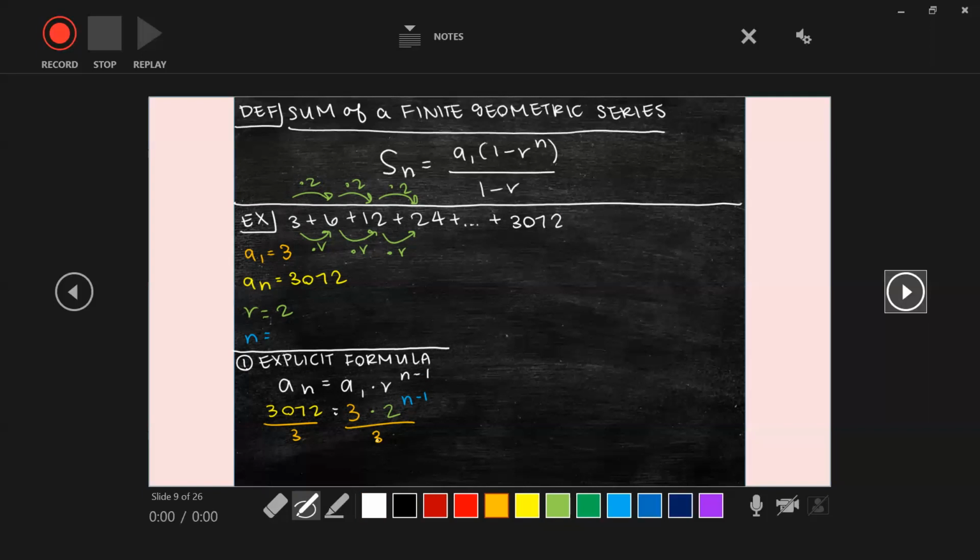And what's 3,000 divided by 3? That's 1,000. Like you just take the individual components and put it together. So that's going to be 1024 equals 2 raised to the n minus 1.